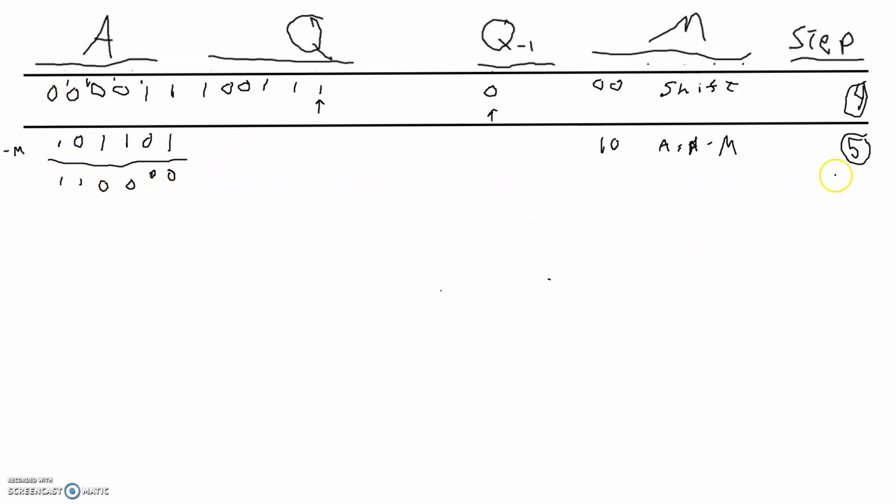Before I do the shift, I should have written here that the other thing we'll do here is the shift. Let me just copy these bits down. And just before doing the shift, I made a copy of these bits down here. Now I can do the shift. So this 1 comes here. This 1 comes here. This 1 comes here. The 0 comes here.